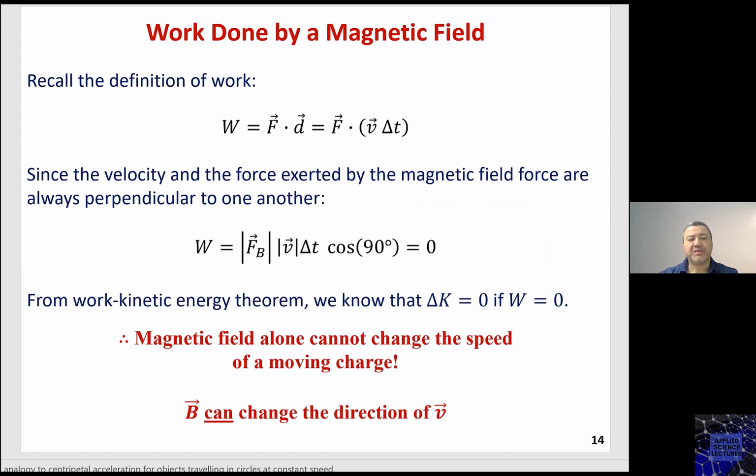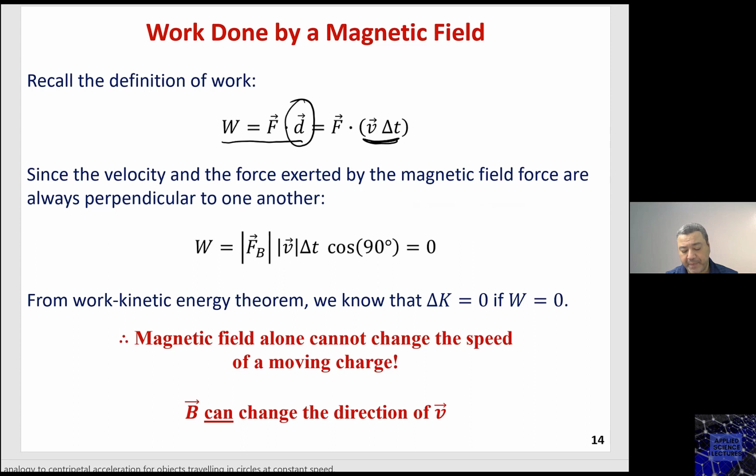So now, what is the work done by the magnetic force? The expression that defines the work is force dot displacement. The displacement can be written as a function of the velocity: d equals v times delta t.